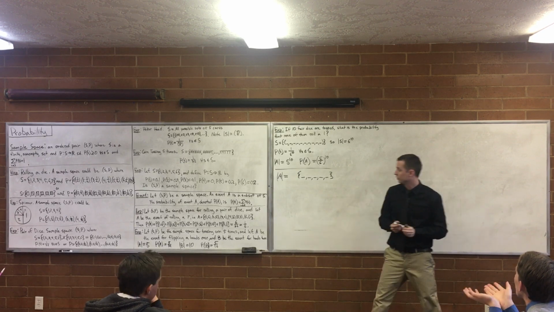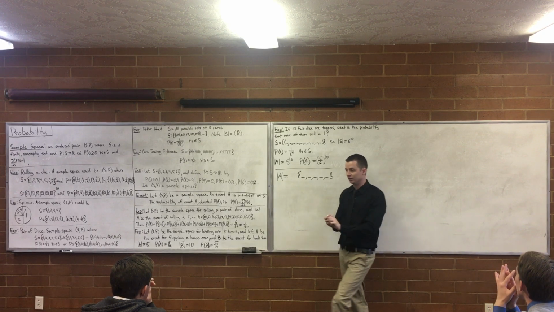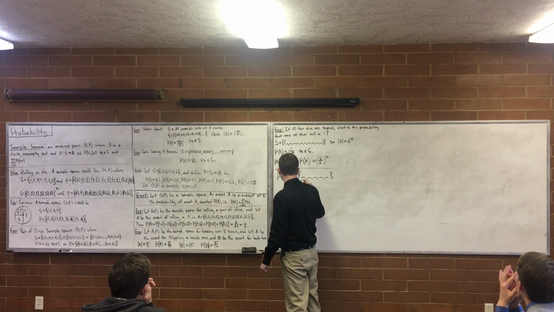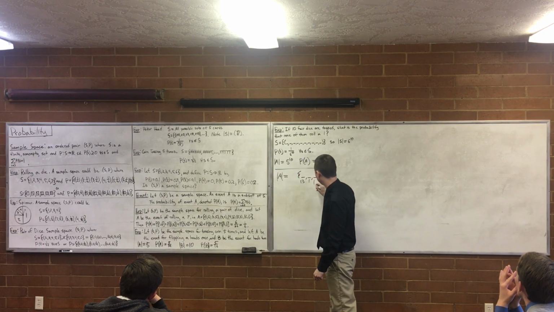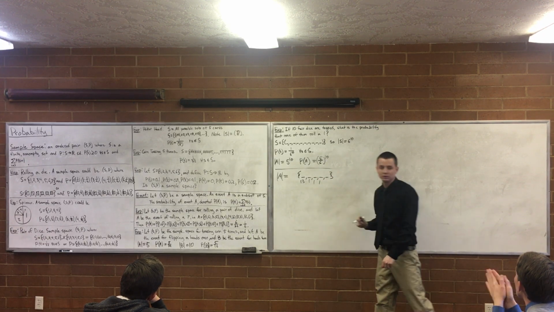So how many ways can we pick the value? 13. Once we pick the value, this has to be the same value, this has to be the same value, this has to be the same value. Right. Now what about this one? Also 13?